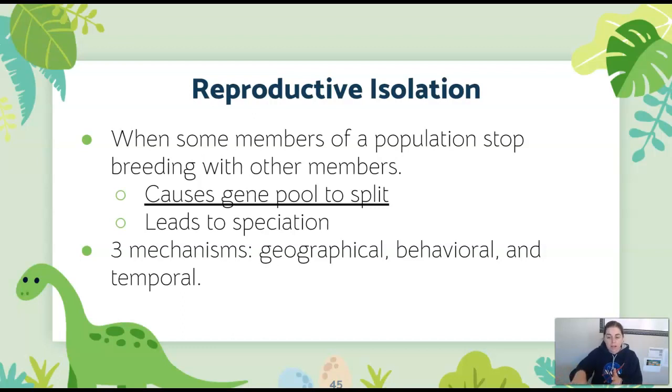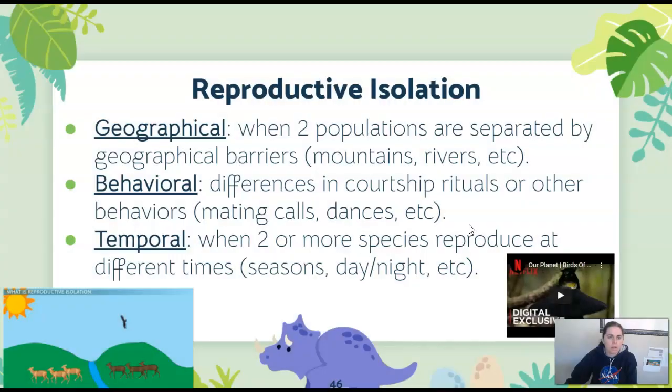Temporal could be things like nocturnal versus a daytime species. You could also have the seasons, like something mating in the fall versus mating in the spring. Those are 2 temporal, meaning time, ways to have reproductive isolation. And we're going to talk more about those in a second.